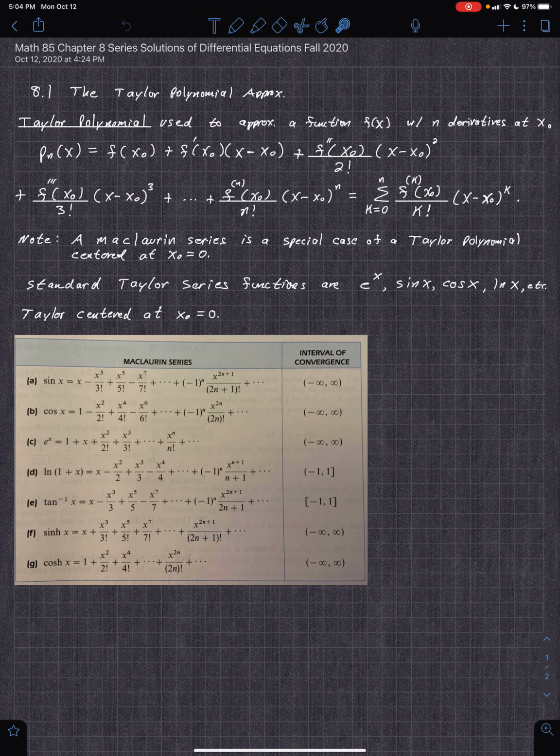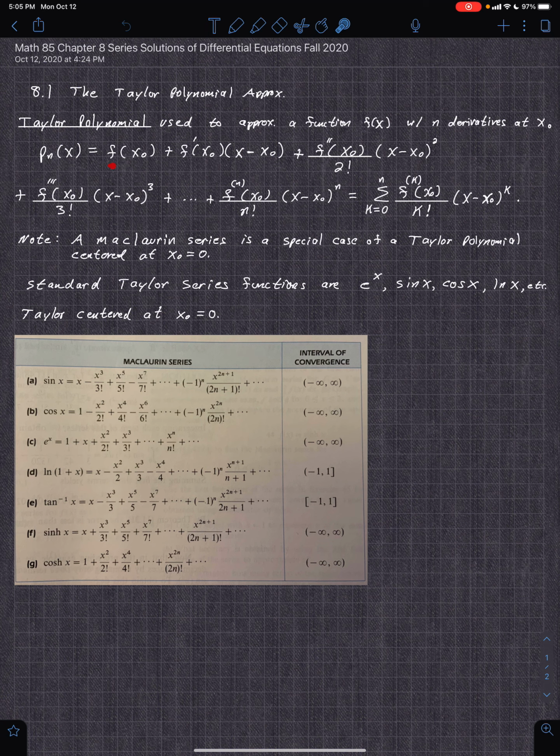So you take your function, whatever it may be, like sine or e, and that's your function value. Then you evaluate at a point, and you get that value, and you can get exact values if you approach infinity around that value.